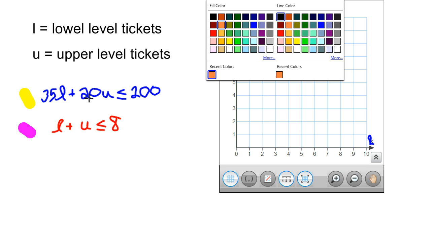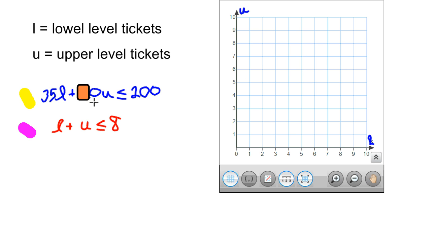So if we wanted to go with L here, I would cover up the U part and then solve. So I would have 35L equal to 200. Solve for that, divide by 35.